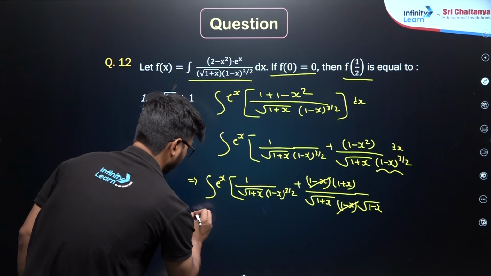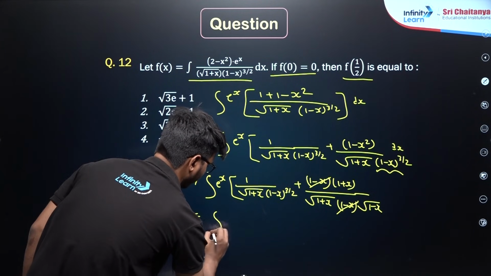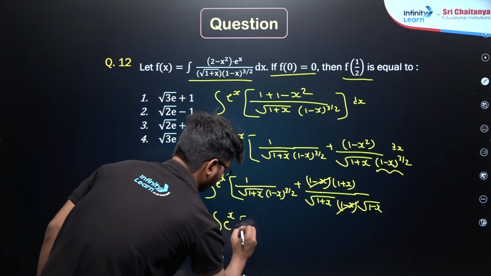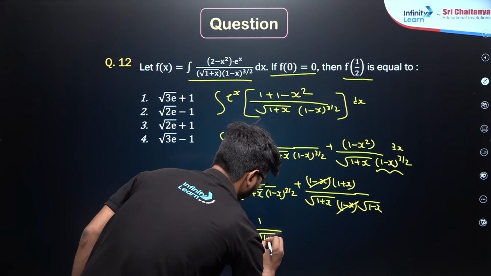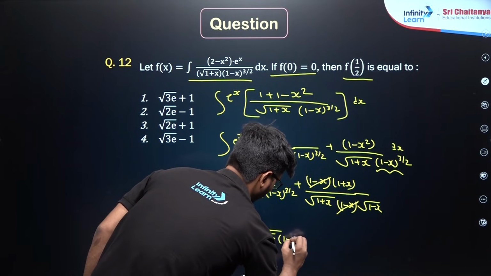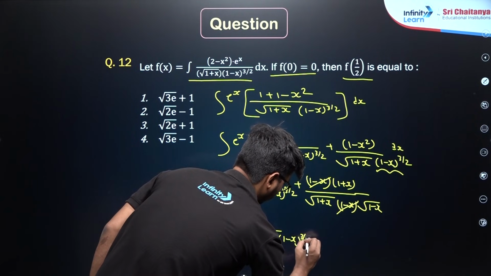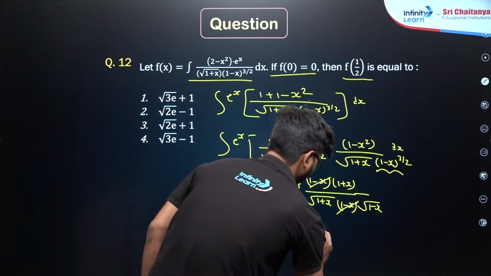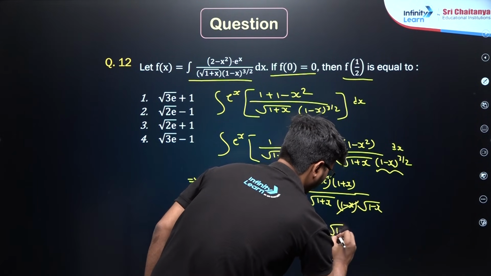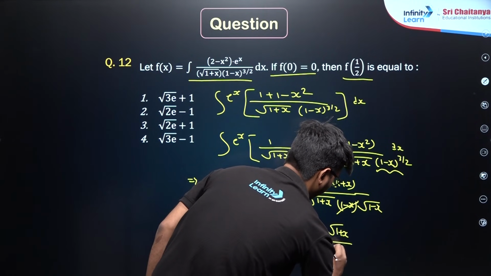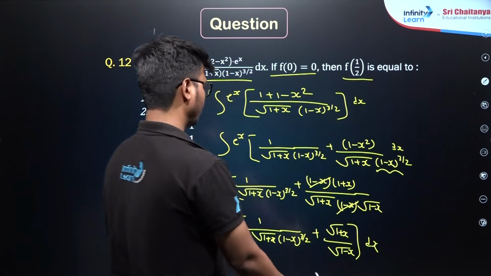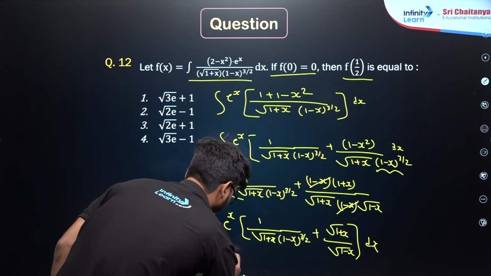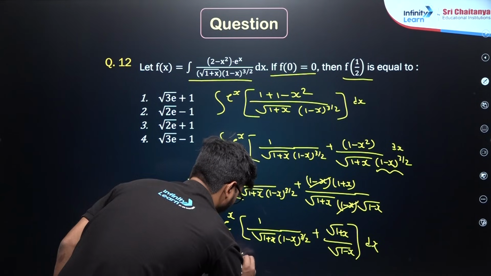At the last step I am going to get e to the power x, 1 upon under root of 1 plus x, 1 minus x to the power 3 by 2, plus under root of 1 plus x upon under root of 1 minus x, dx, correct.